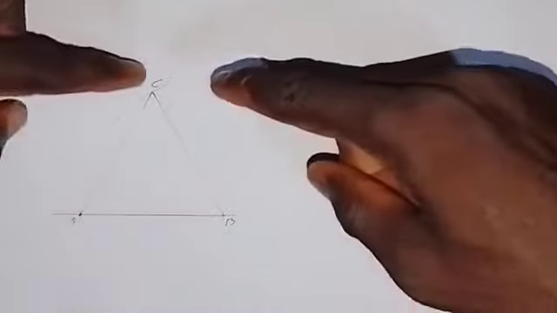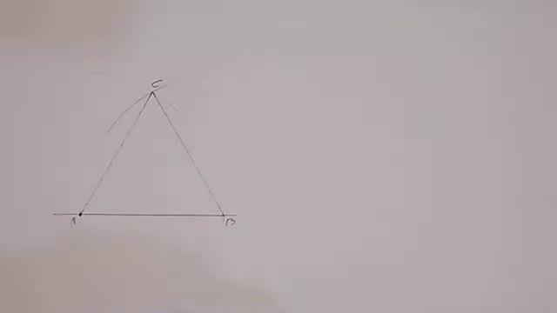Now, I need you to listen and pay attention to this information. To draw a circumscribed circle to this triangle, we have to bisect any 2 sides of the triangle. Let me say it again.